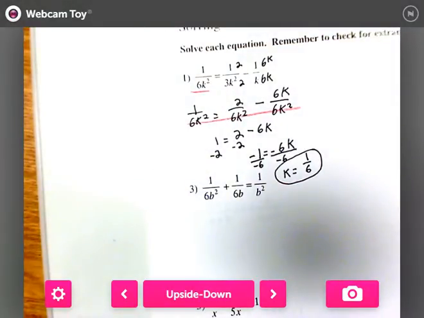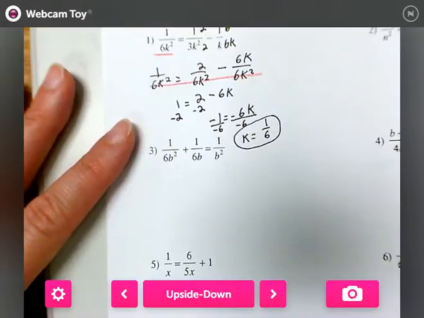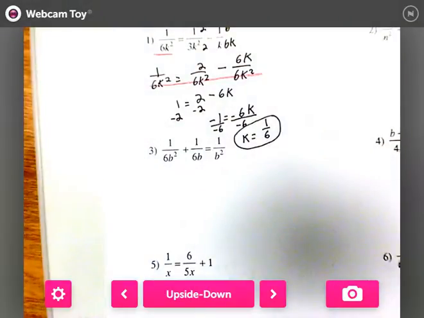Why don't you guys, I'm going to give you like 2 minutes. Why don't you try number 3 on your own? Something similar to this, yeah. I mean, like, we're going to get harder even in this worksheet. So why don't you guys work on number 3 right now?